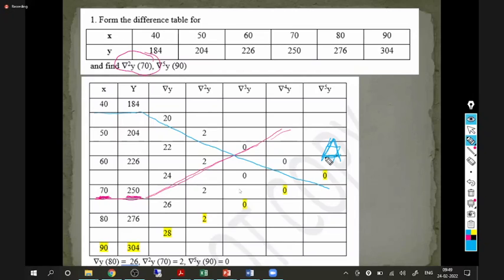This is f of 70. This is delta of f of 70. This is delta square of 70, and the answer here is 2. Delta 5 y90: this is f of 90, then delta, delta square, delta cube, and delta 4 is 0.